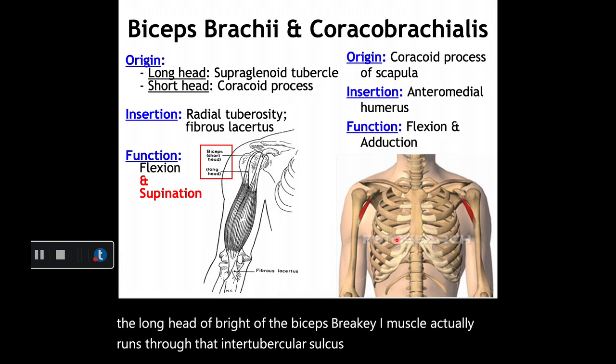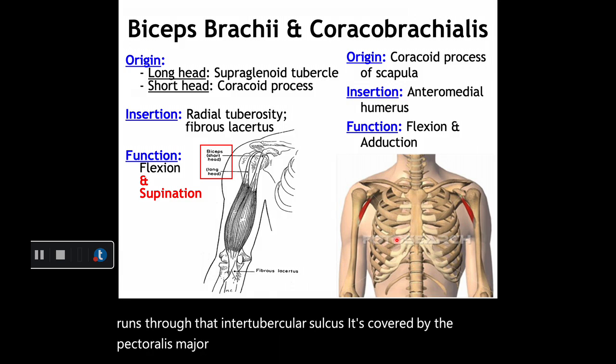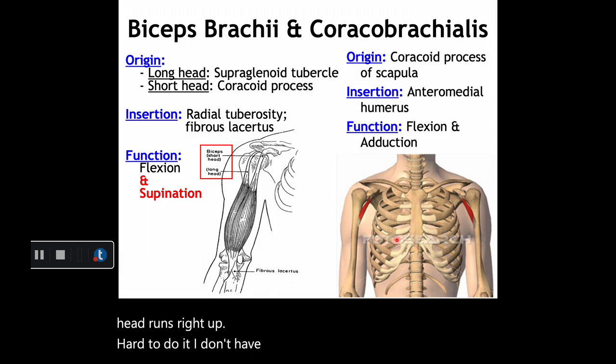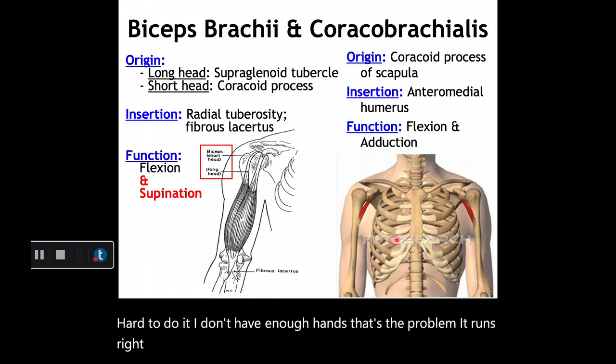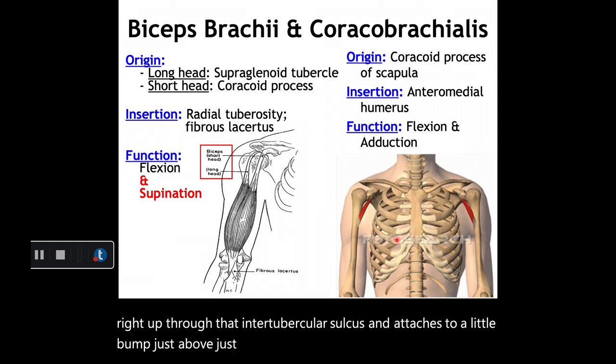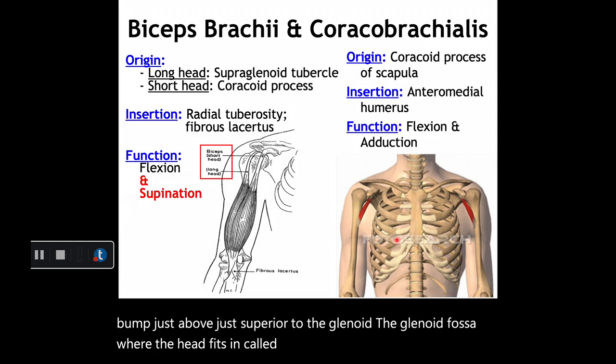It's covered by the pectoralis major that's superficial to it, but the tendon of the long head runs right up. Hard to do it. I don't have enough hands. That's the problem. It runs right up through that intertubercular sulcus and attaches to a little bump just superior to the glenoid fossa where the head fits in, called the supraglenoid tubercle.